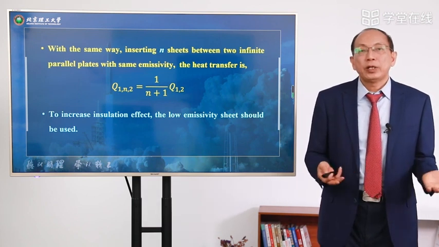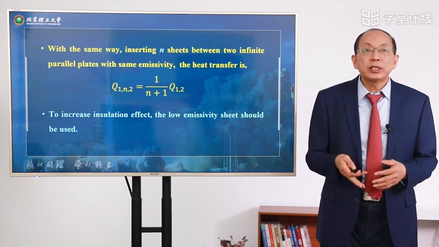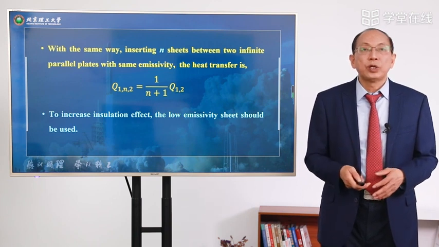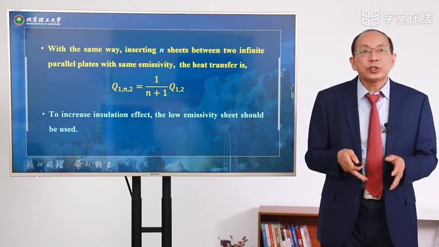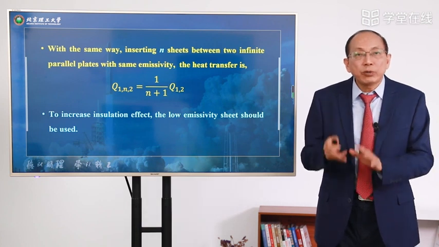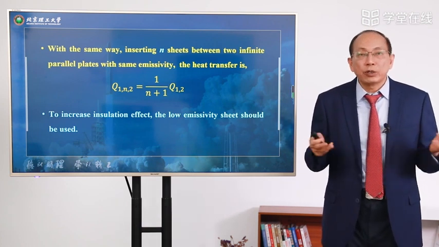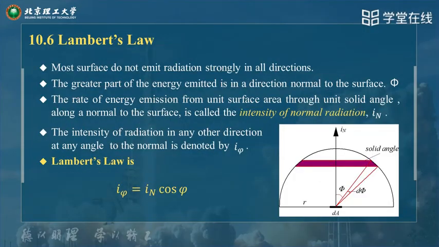Okay, here is the inserting sheet. We know inserting a sheet decreases the heat transfer. Okay, section 6, Lambert's law. We know most surfaces do not emit radiation uniformly in all directions.